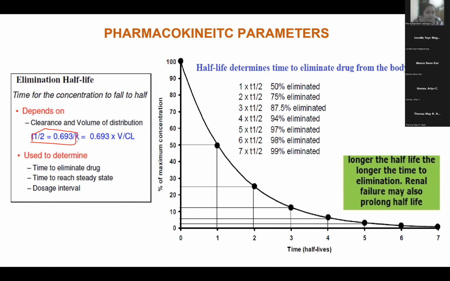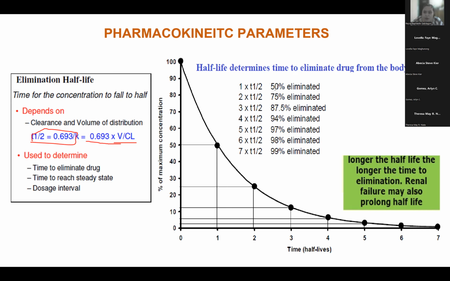However, if ever the K is not given, then we may use this formula. So T1/2 is equal to 0.693 times V, which is the volume of distribution, we'll talk about that in a while, divided by its clearance. So you can use either of those two to determine the half-life.